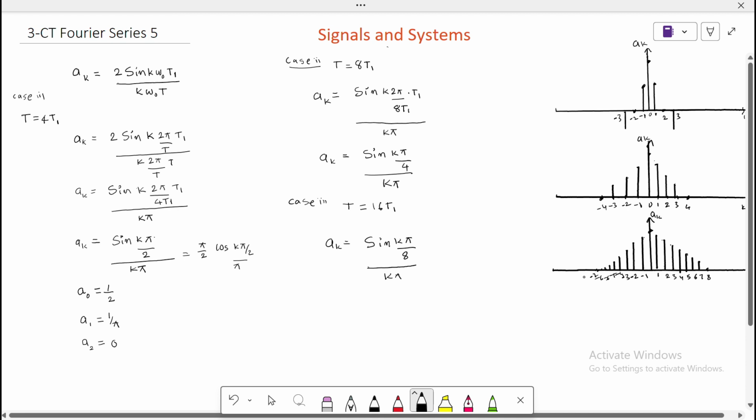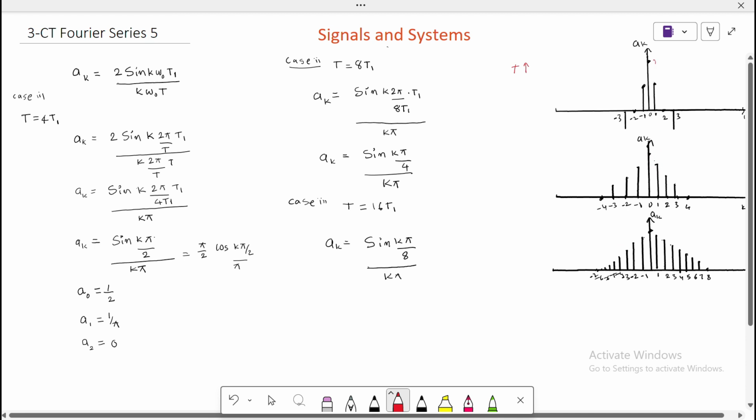So from this diagram we understood that in the first case, these are called samples, and the gap between the sample values is very high. For example, this magnitude is 1 by 2, this magnitude is 1 by pi. If the time period increases, the space between the samples decreases.